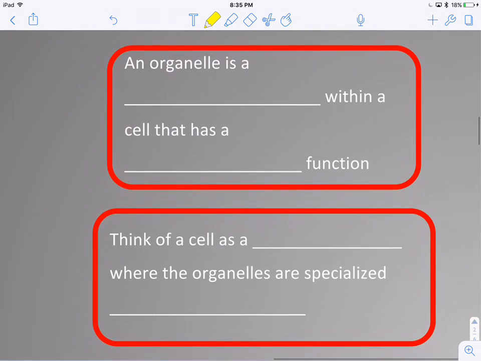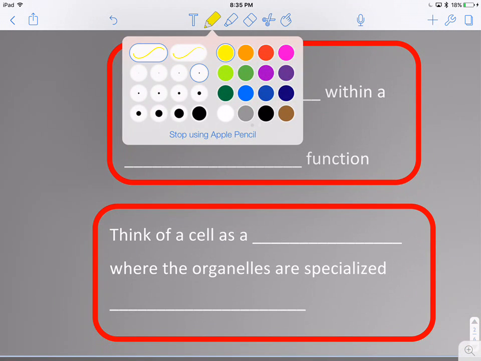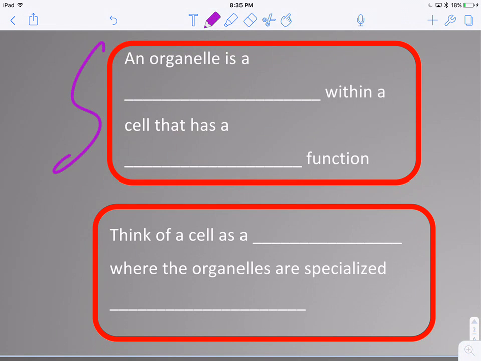And then right down here, to kind of finish this off, we'll use purple, why not? So this is talking about organelles here. All right? And remember, an organelle is we want to think of it as a machine, right?